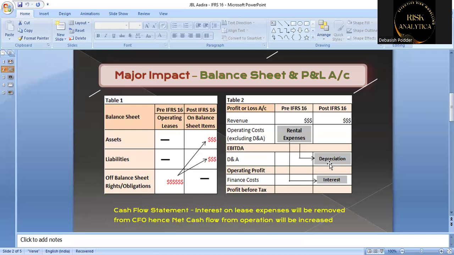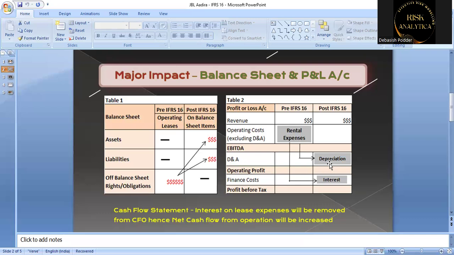I will take a second session and I will show you all that after the implementation of IFRS 16, what are the important ratios that got impacted, whether they increased or decreased. If increased, what is the impact? If decreased, what is the impact? I have one slide where I have analyzed the impact analysis post implementation of IFRS 16. I will conduct that in my next session.